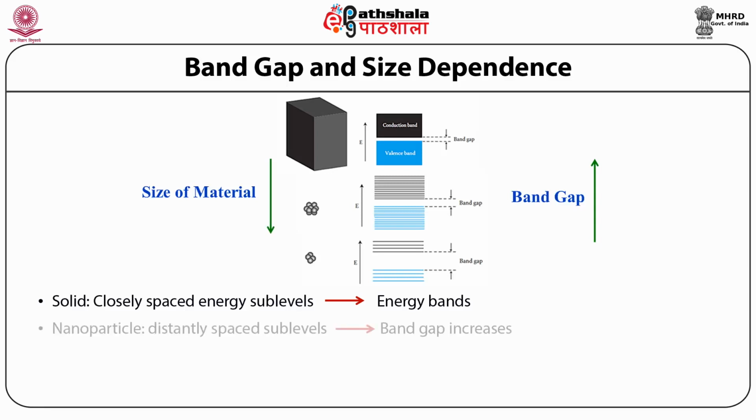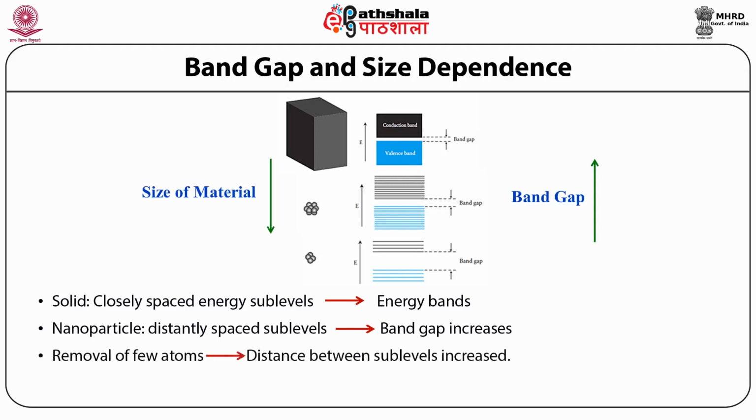If we go to nanoparticle, then we have distantly spaced sublevels. It increases the band gap. Now we have removal of few atoms, that is, the distance between the sublevels increased. So hence we can tune the electronic and optical properties.